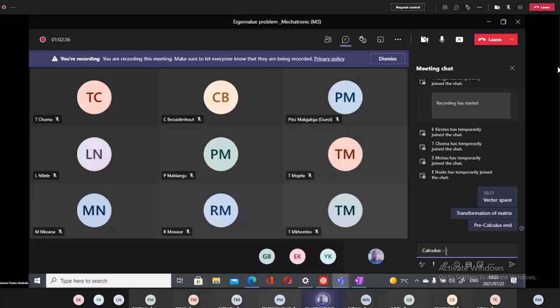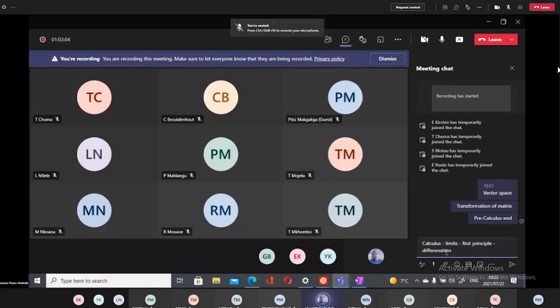Calculus will start with limits, and limits will lead us to the first principle. From first principle, we then discuss differentiation techniques. So this is what we're going to do.